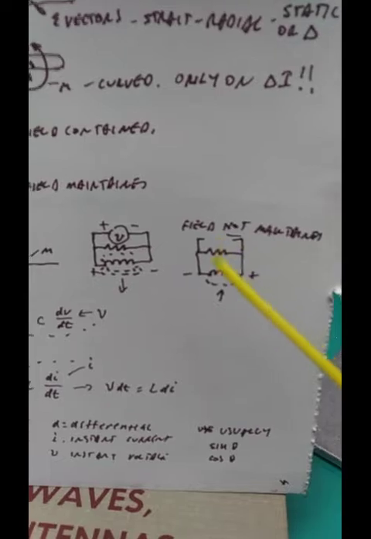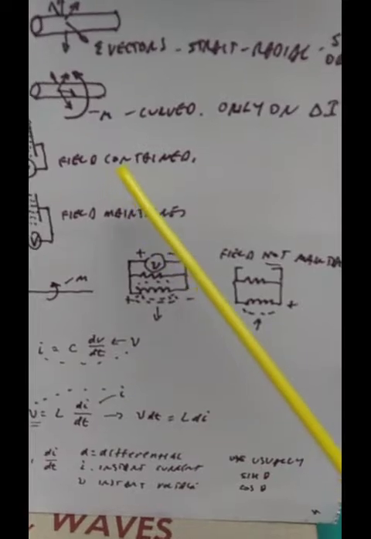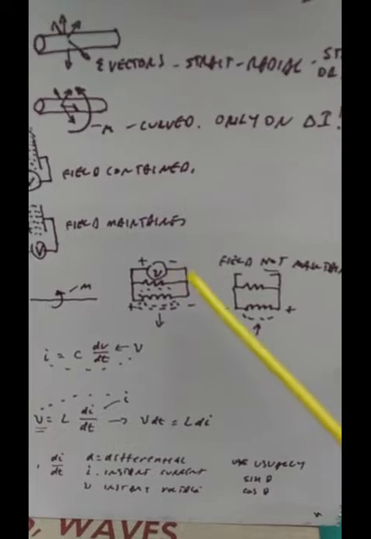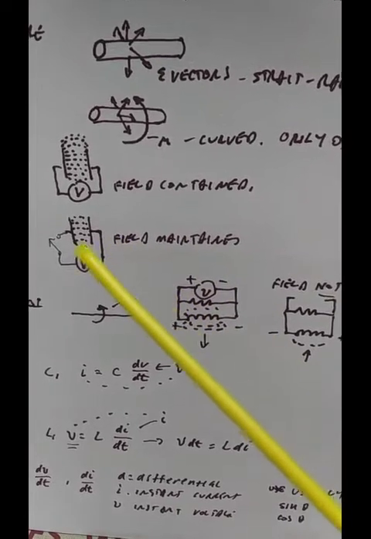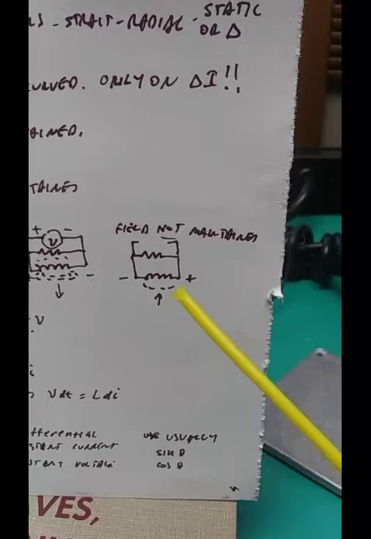When that voltage source is taken away, the inductor does not conserve that field. The field is contained only when the juice is applied. When the juice is taken away, unlike the capacitor, the field is not maintained. This is equilibrium with a charge between the plates electrostatically. Equilibrium here is attempting to balance the field with the voltage across terminals.